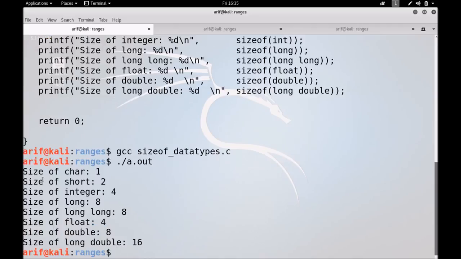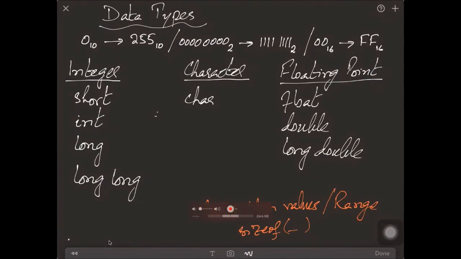And it tells us the size of character is 1, short is 2, integer 4, and long double is 16. Let me write this over here. So on my machine, short takes 2 bytes, integer takes 4 bytes, long takes 8 bytes, and on my system right now the long long also takes 8 bytes.